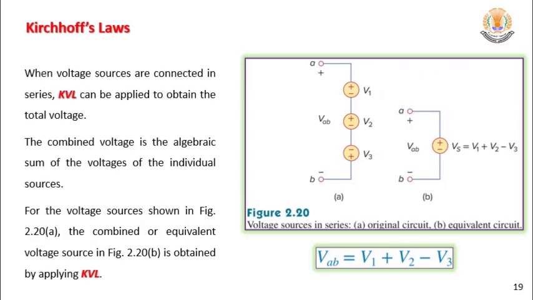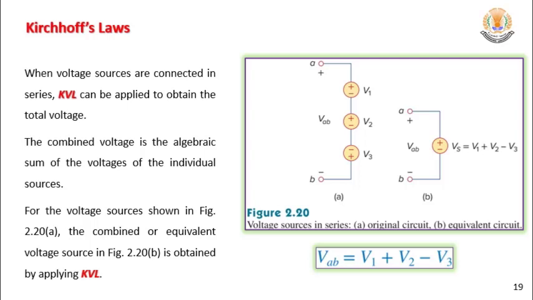Now, similar to this sketch, if you have voltage sources connected in series, can you replace them by 1 voltage source? Yes, by applying KVL. Okay?